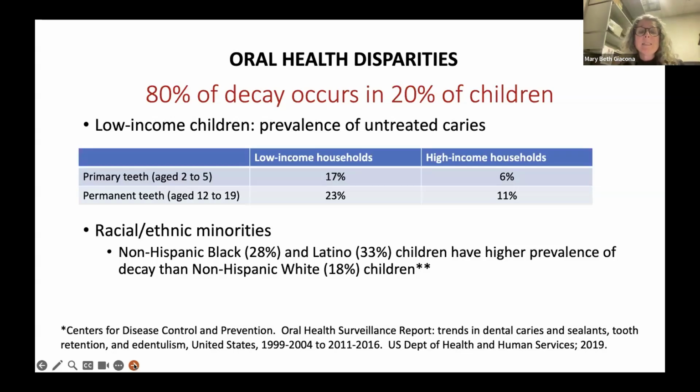And when it comes to permanent teeth, in kids aged 12 to 19, it's about twice as high a prevalence of untreated tooth decay in low income households compared to high income households. And racial and ethnic minorities are definitely at higher risk and have more tooth decay than non-Hispanic white children.